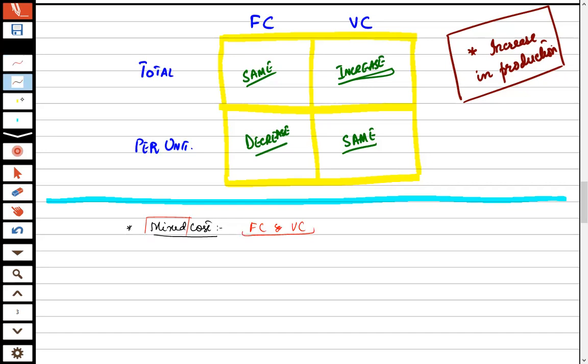Let's suppose I am writing here an example that we have certain production levels in units and we have costs incurred in dollars.